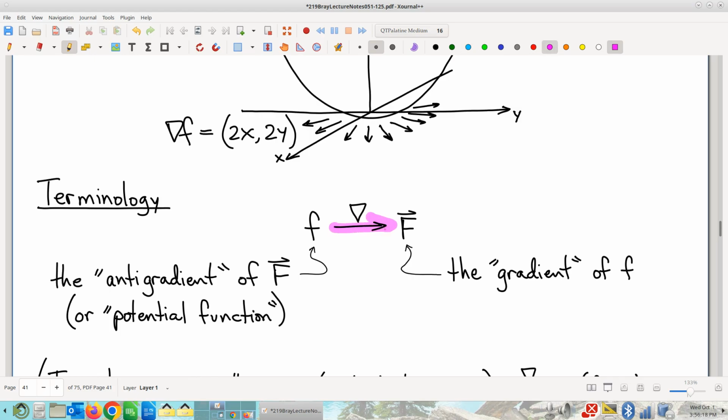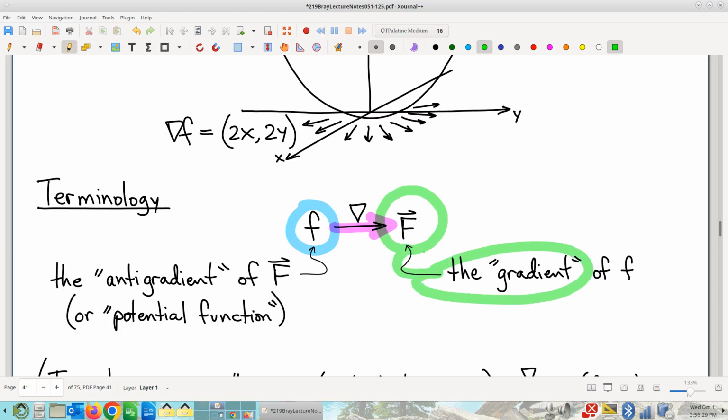If you take a gradient, given a function, when you take the gradient, that thing that comes out, big surprise, is called the gradient, because it's what we get when we compute the gradient, the most obvious of terminology. Let's turn that around backwards.